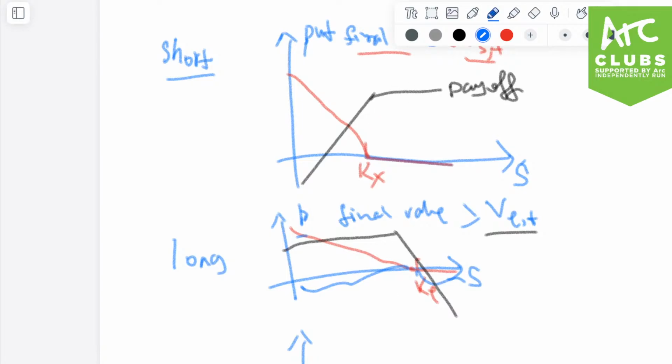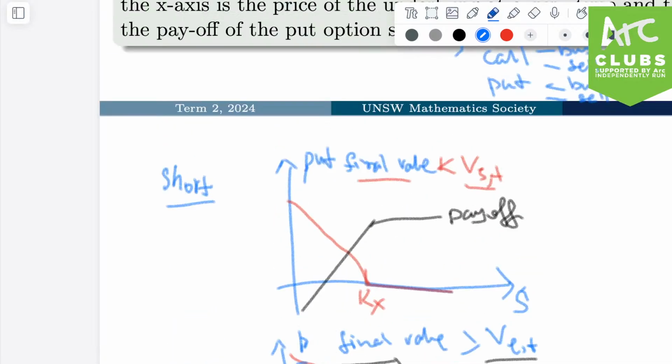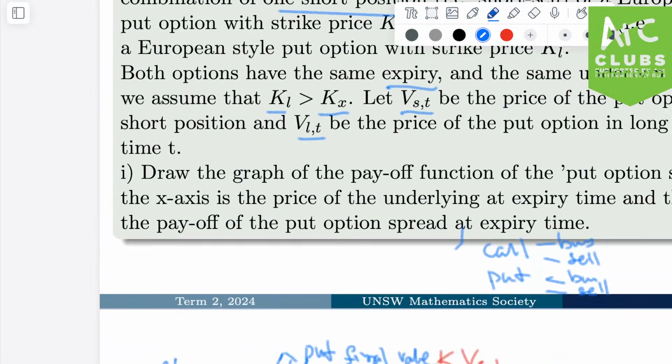So maybe overall we have a positive payoff, and then it starts to go down, right? Until the end, we start to get negative payoff. So this is the final diagram, and here is our payoff. That's the solution to this question.